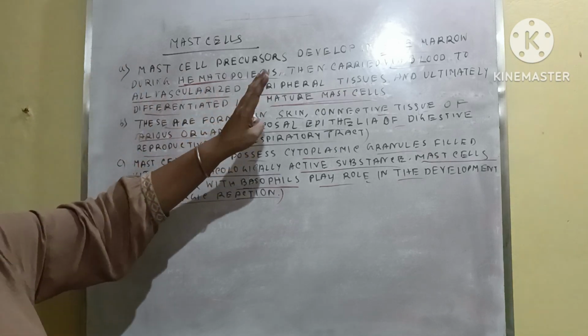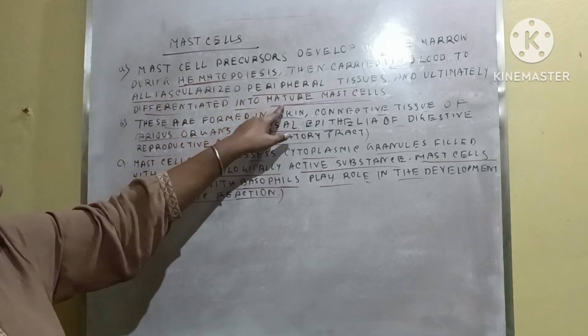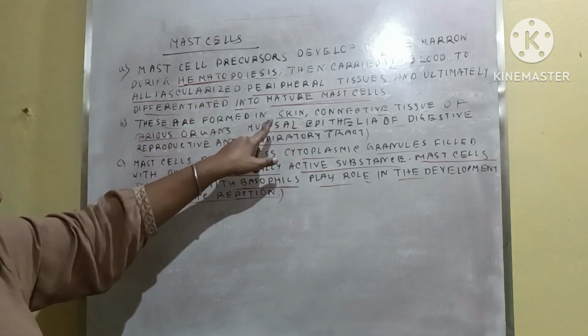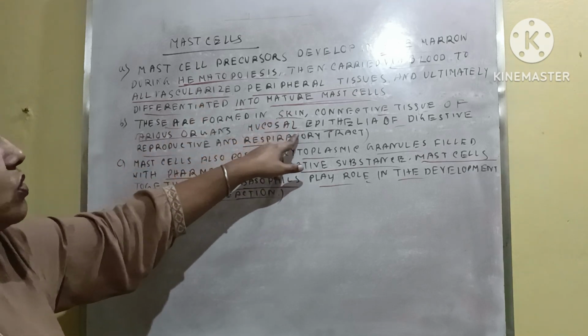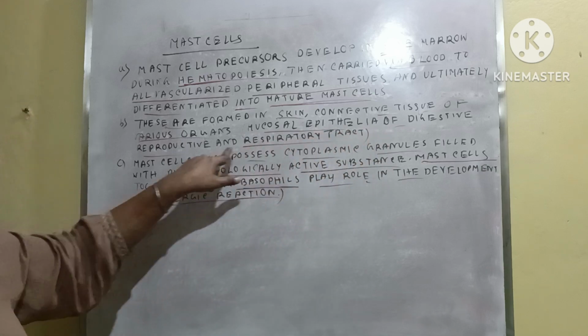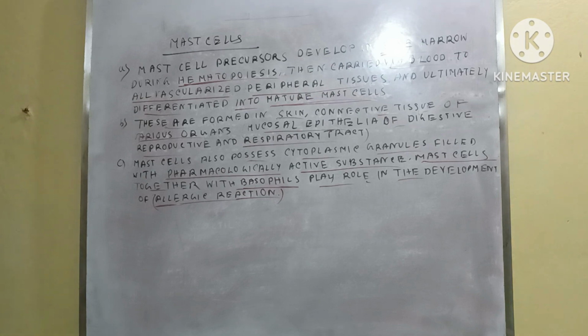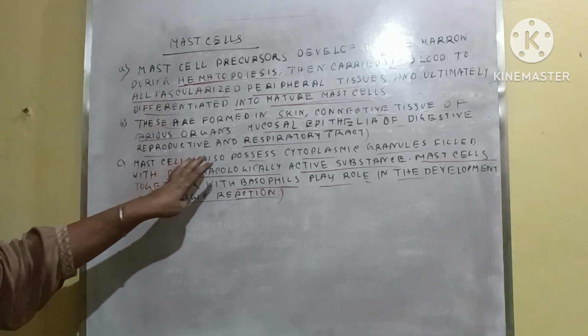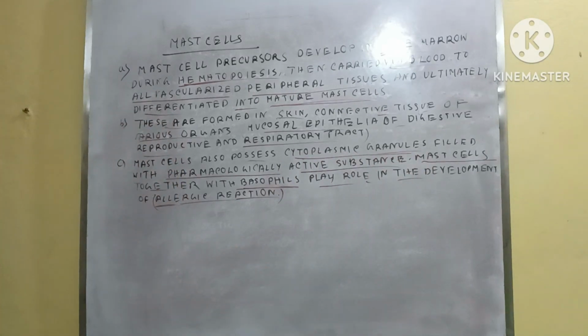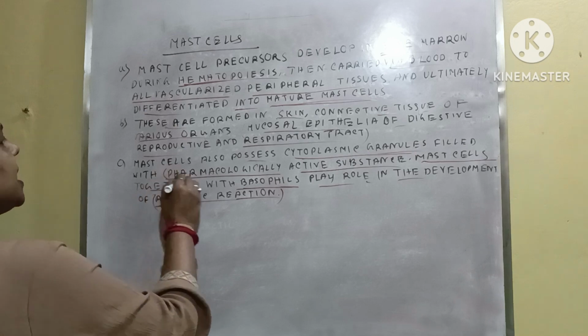In these peripheral tissues they become mature, and generally they are found in the skin and the mucosal epithelia of the digestive, reproductive and respiratory tract. And here they contain cytoplasmic granules and some pharmacologically active substances.